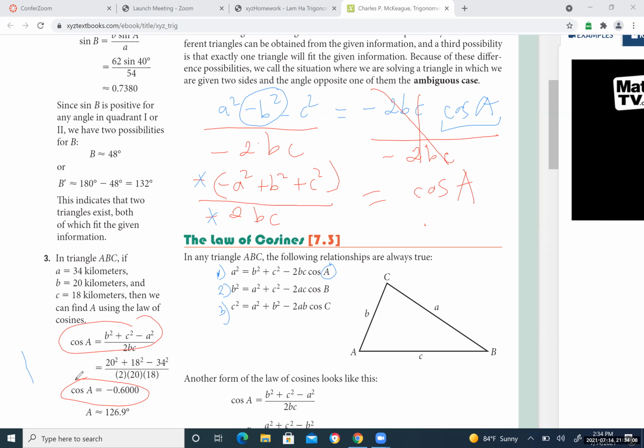That's how you do it all the time. When you're finding just the angle, you have to use the inverse function. In a textbook, they might have a direct formula like this.